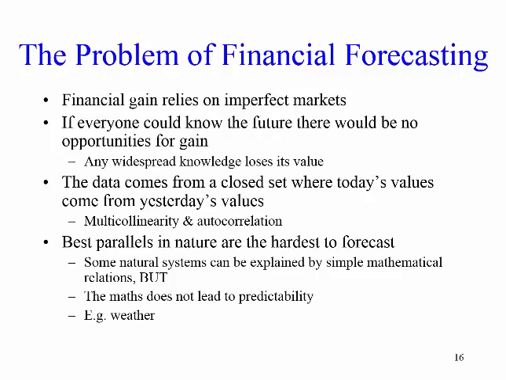If we look at similar instances in nature, we find that they are also the hardest ones to forecast. There are some natural systems that can be explained by simple mathematical relations and evidence the circumstance of having their values determined by the previous values of a similar closed set.